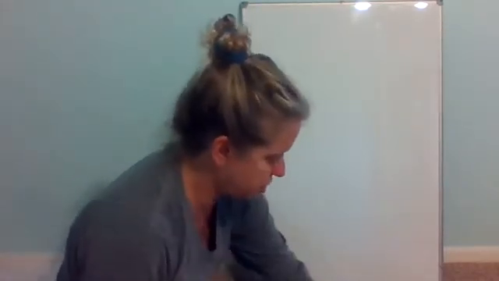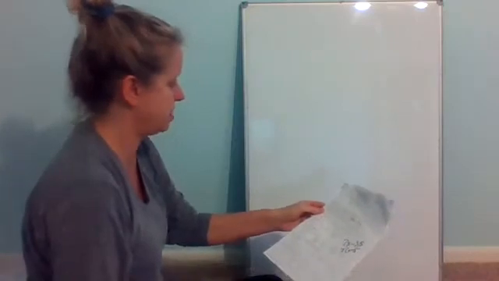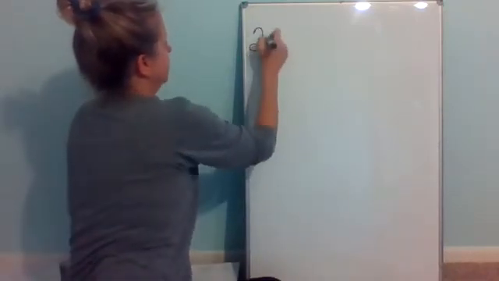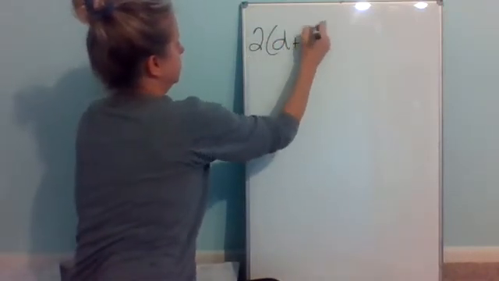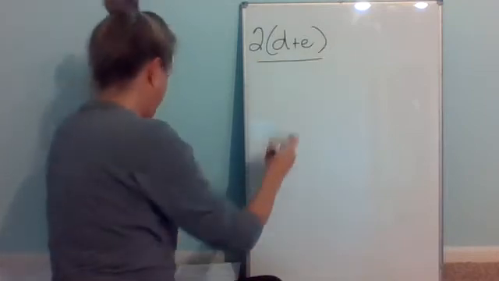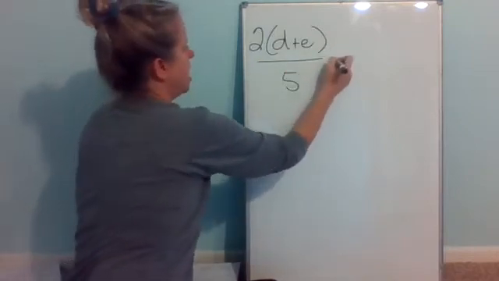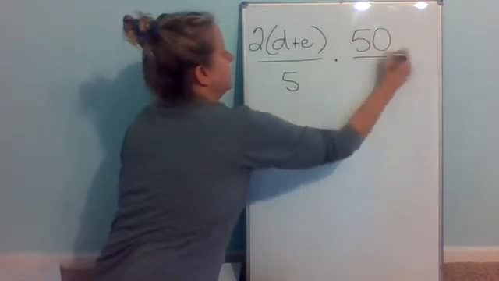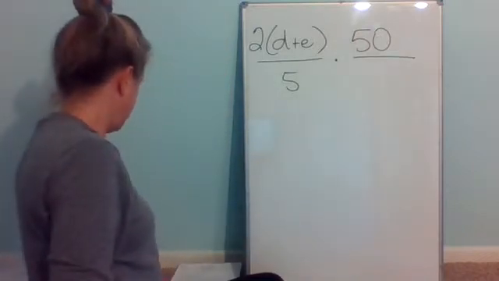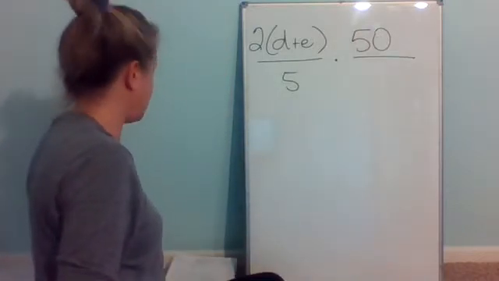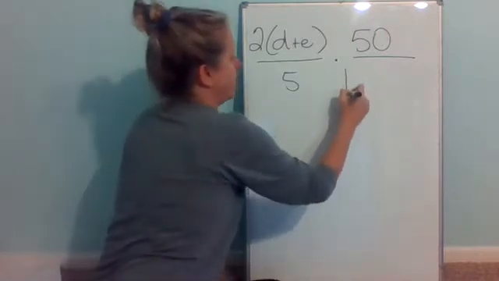All right, looking at number 2, we have 2 times (d plus e) over 5 times 50 over 10 times (d plus e) squared.